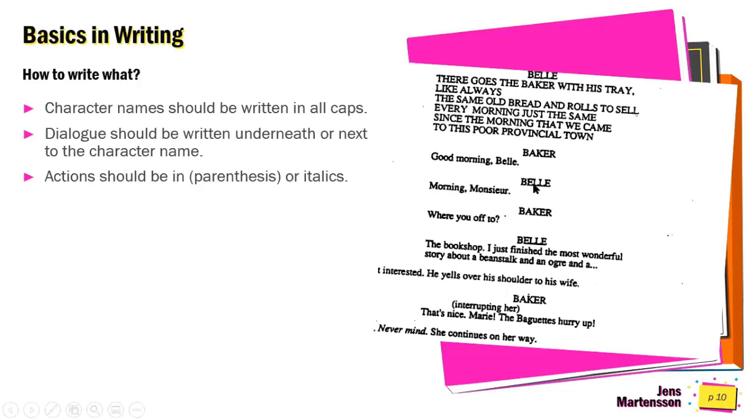That's how we know that Belle is speaking. We also know where the baker's speaking because his name is above his dialogue. If you look down below, interrupting an action that the baker does is put in parentheses, as well as the way Belle says never mind and continues on her way is in italics. We use italics or parentheses to show action.